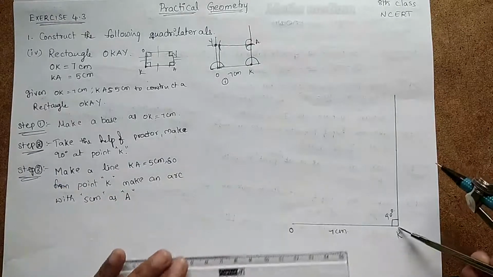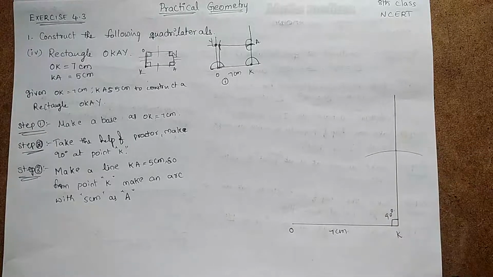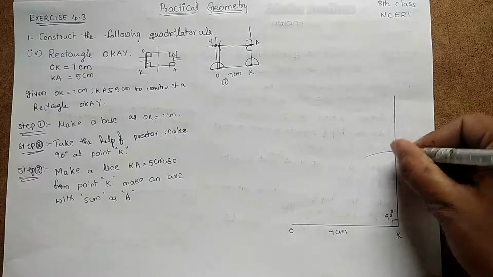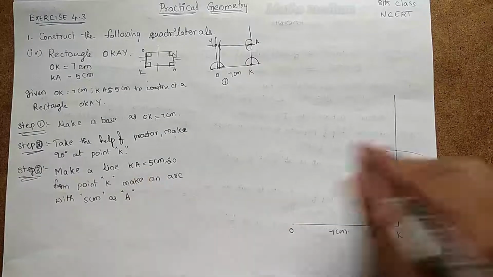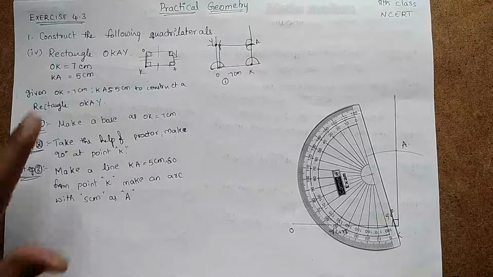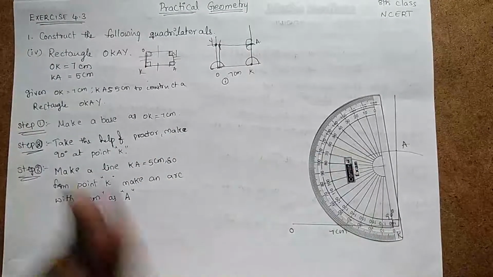Draw the arc at K, and we get a point here. The point is A. I am using a protractor because this is the case of two adjacent sides and three angles.